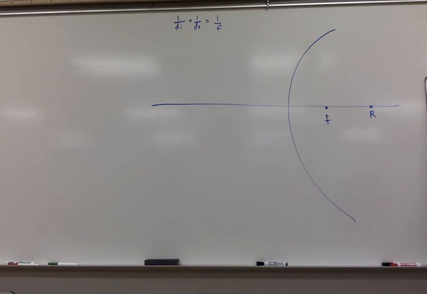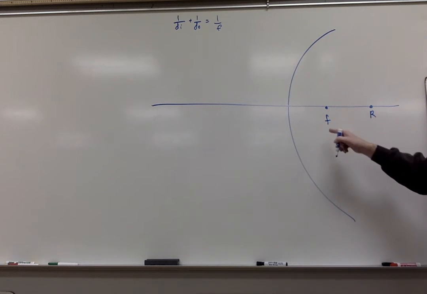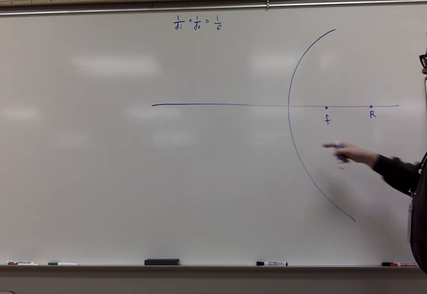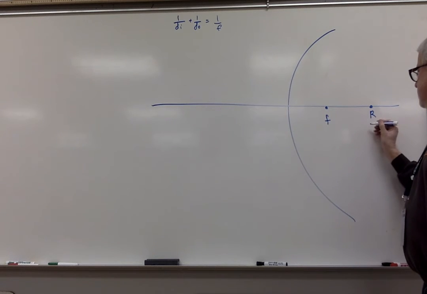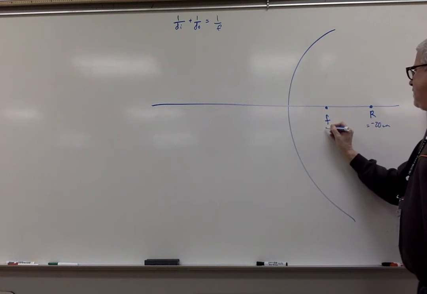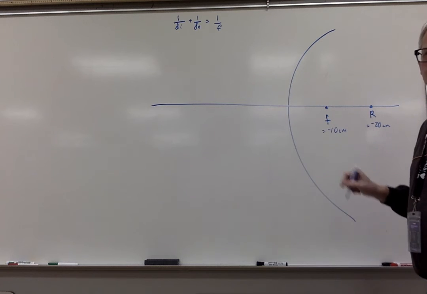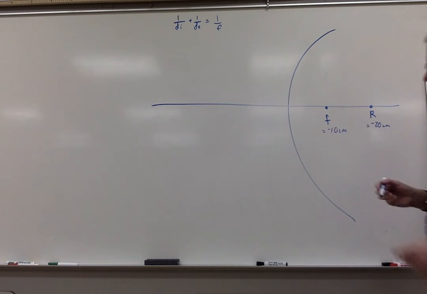Now the key thing about this is, since these are diverging mirrors, and this focal length and radius is behind the surface, we're going to think of those as negative distances. So let's say that's negative 20 centimeters, negative 10 centimeters. That's actually going to be important for our mathematics. So the negative matters.